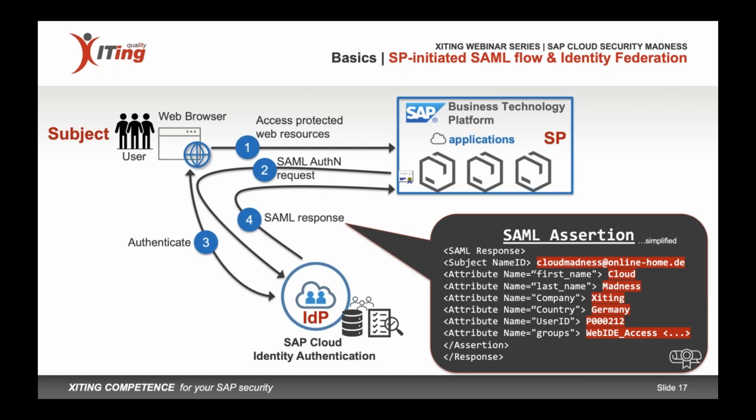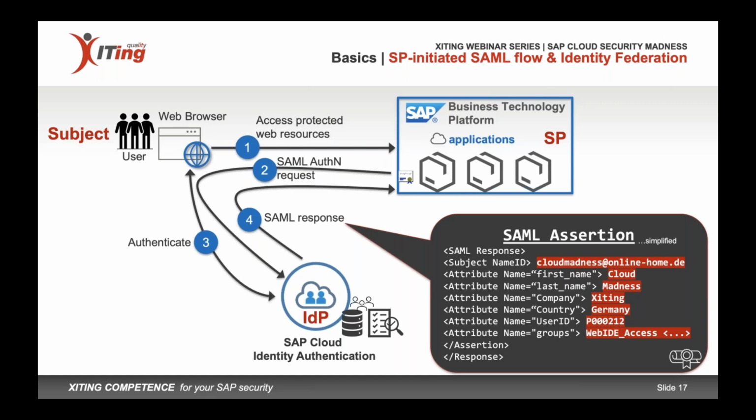So each assertion must be checked, must be verified by the service provider, and that really guarantees integrity and also authenticity. And then after a successful verification, the service provider really parses the content and really decides about the authentication and the authorization of a user.